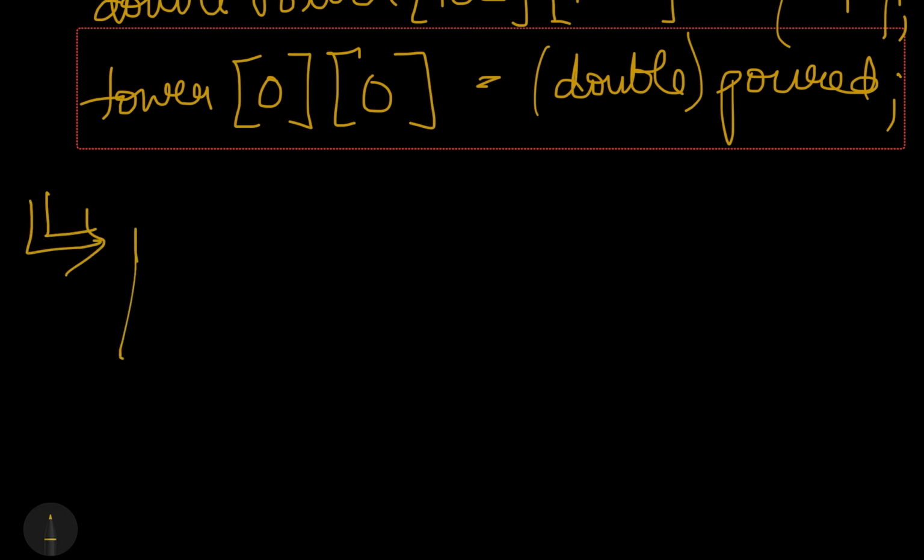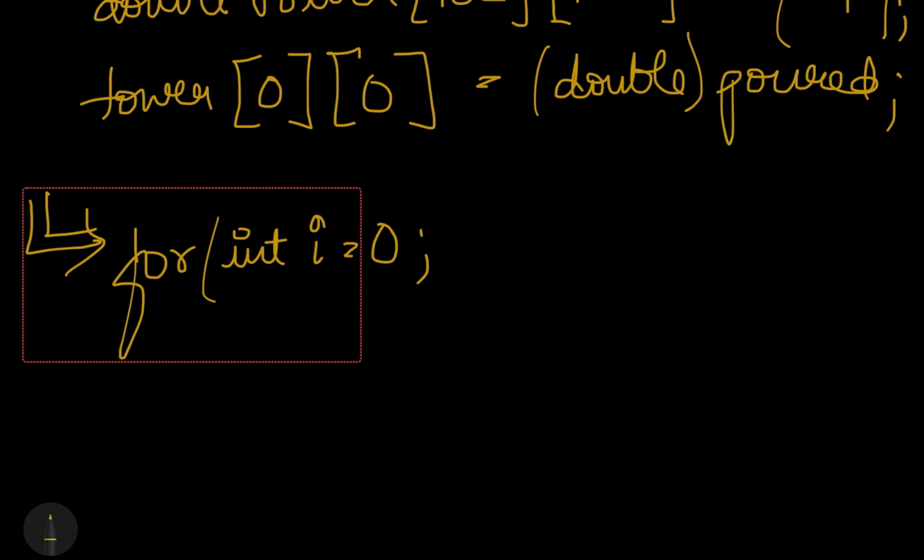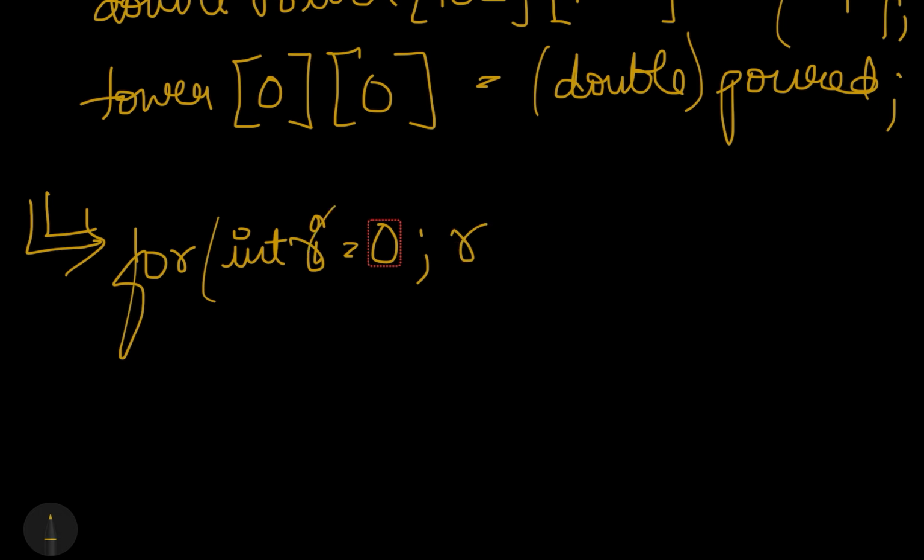Then we'll start our iteration. We'll go from the 0th row till the query row, because we need to find the query row only, no need to go beyond that.